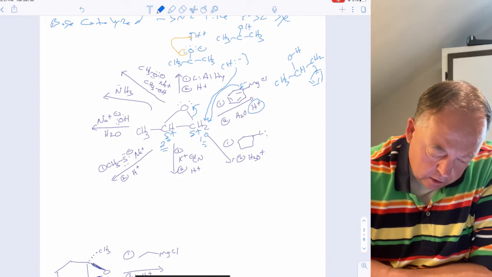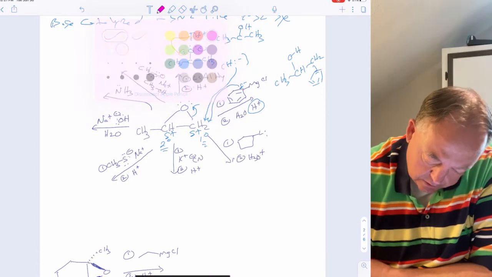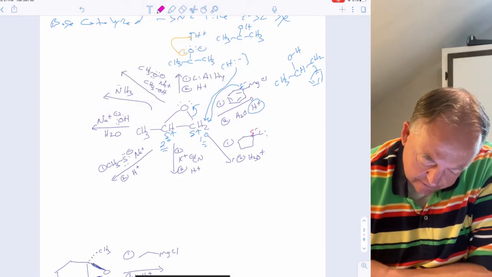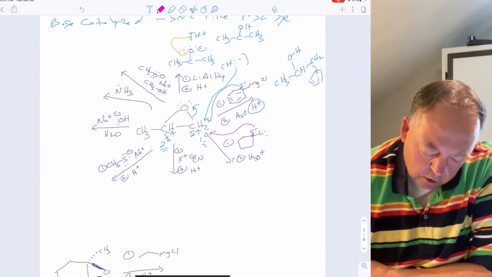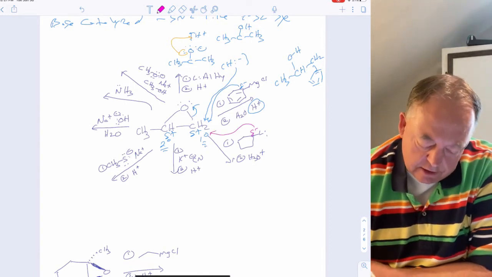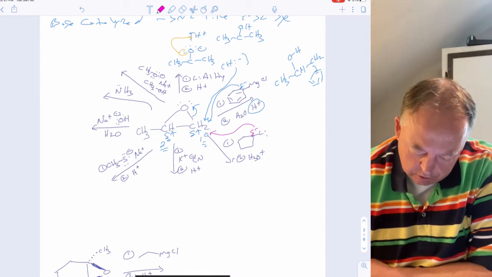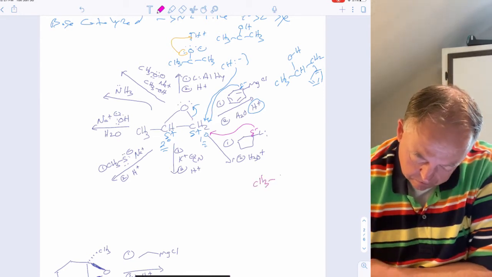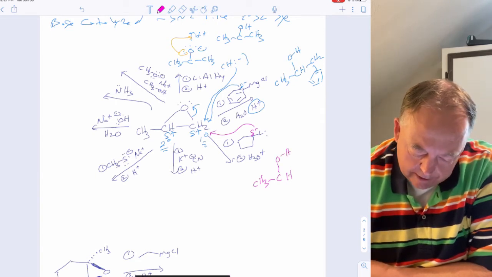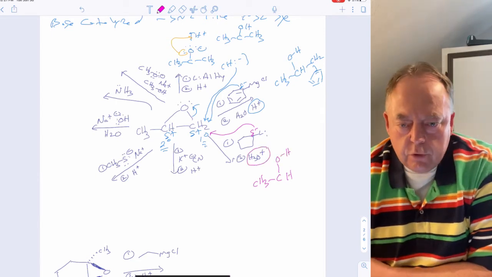Or if it's an organolithium reagent, that carbon's partial negative, so that carbon would attack this carbon and open the epoxide. So all of these nucleophiles attack the CH2 because it's the least substituted carbon. So then that would become an O-, which would pick up a proton from the H3O+.